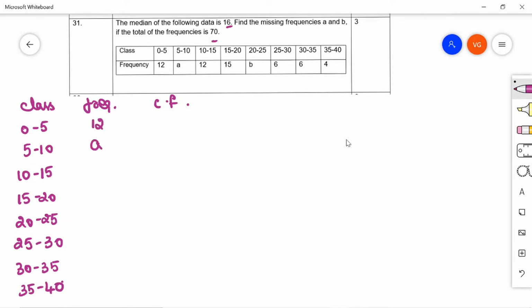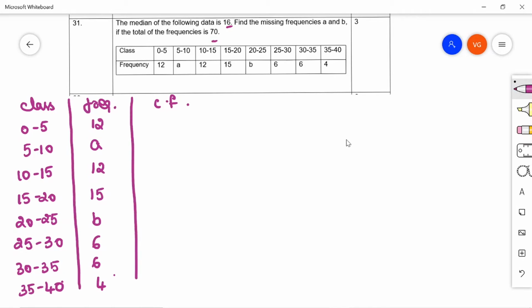So we need to find out the missing 2 frequencies. Whenever they are asking about problems on statistics, these are all straight formula based questions only. But whenever you are writing down the data from the question paper to your answer sheet, you have to be very careful with the numbers.